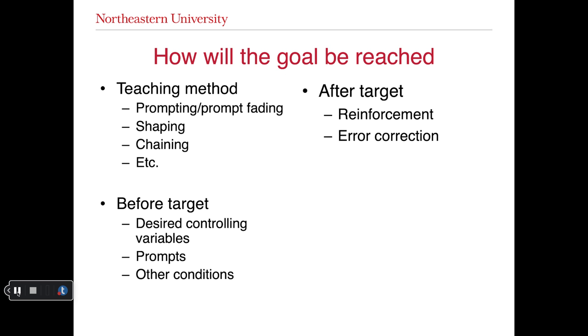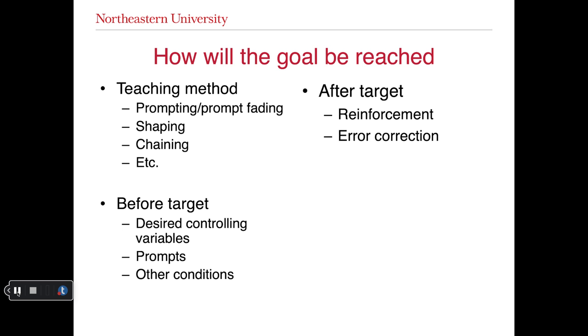Remembering that error correction can be a number of different things. Will you represent the demand and make them do it again, maybe with an additional prompt? Will you deliver an aversive stimulus like no? Will you take something away? There are a number of different options for error correction, and they need to be described just as reinforcement will be described.